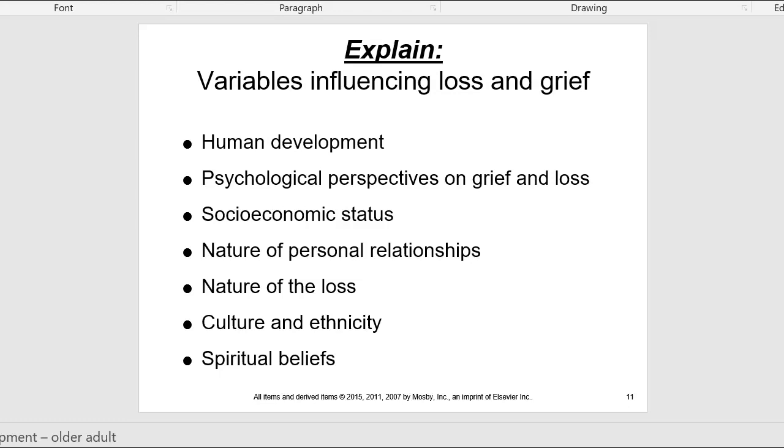Obviously, cognitive ability would affect the understanding of a loss. Think of how a 4-year-old compared to a 14-year-old compared to a 44-year-old, maybe they all lose the same person, but they understand and react to that loss all differently.